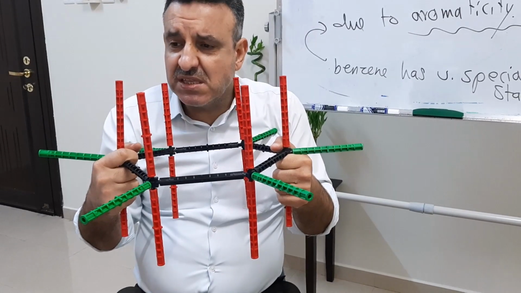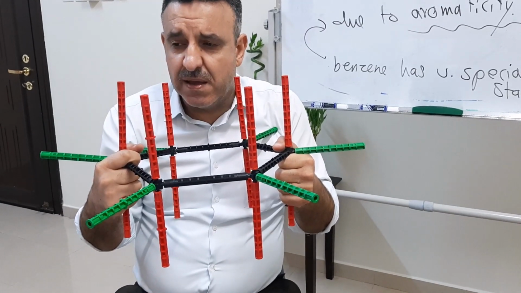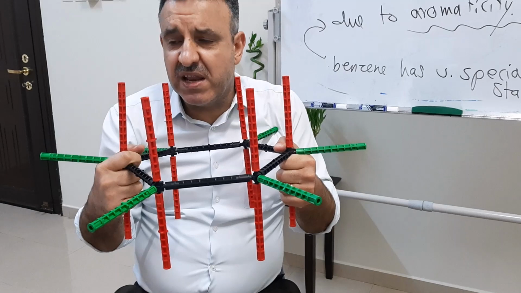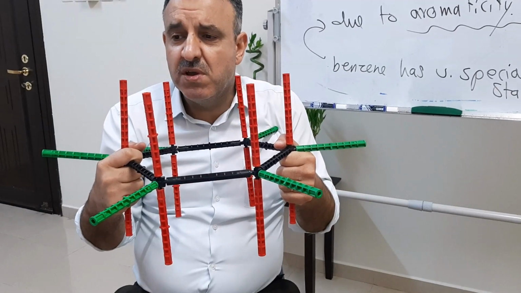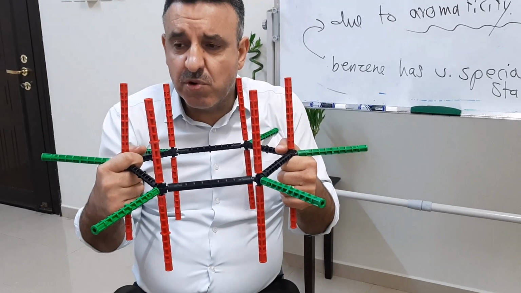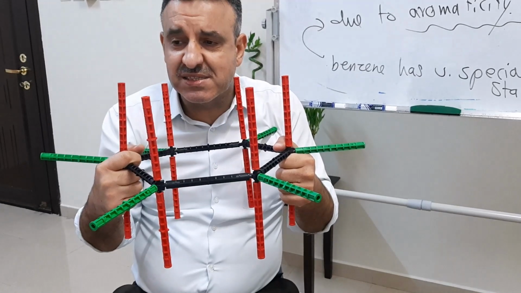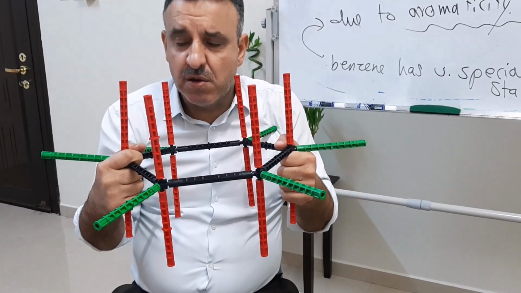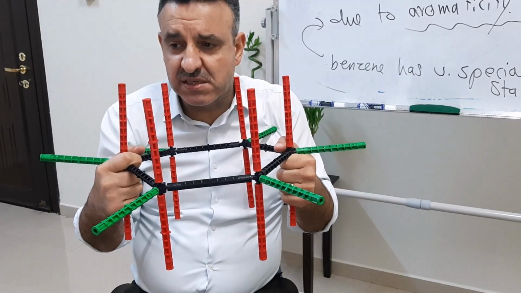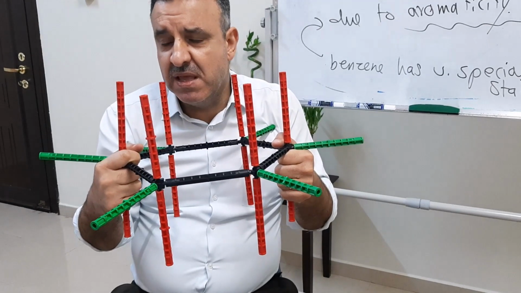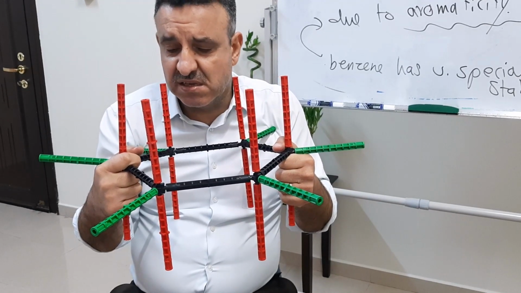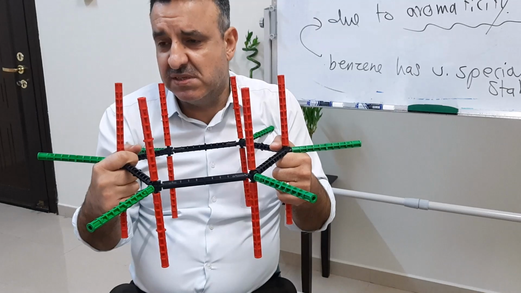So aromaticity is the ability of electrons to move in a circular motion around a cyclic system freely without any boundaries. That's simply the aromaticity, and that's the reason for the stability of the benzene system.